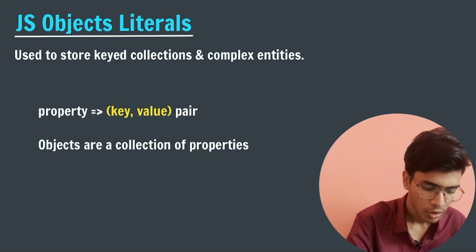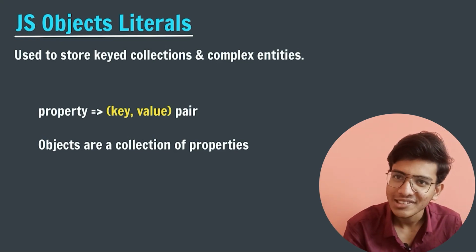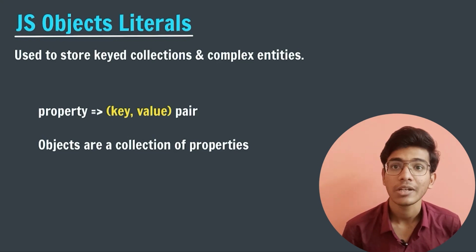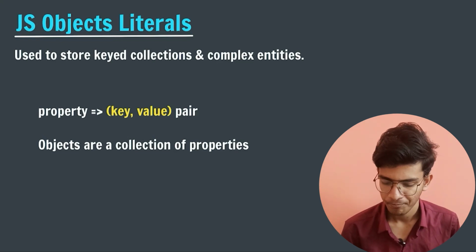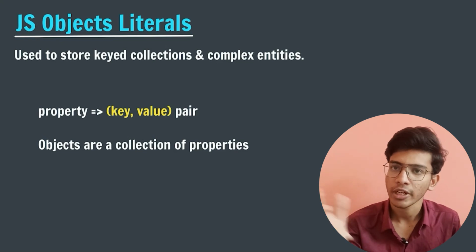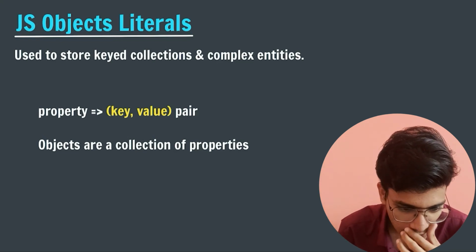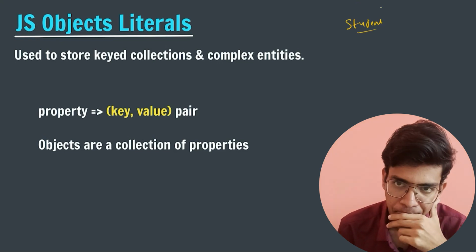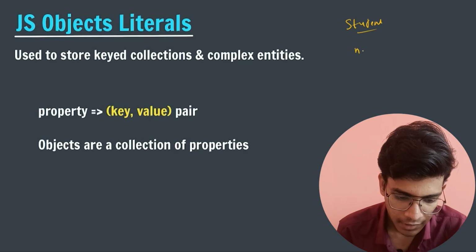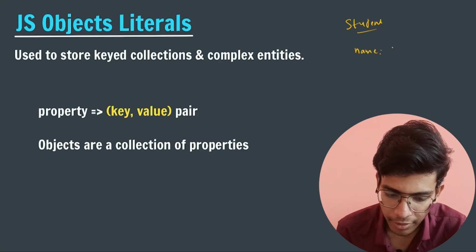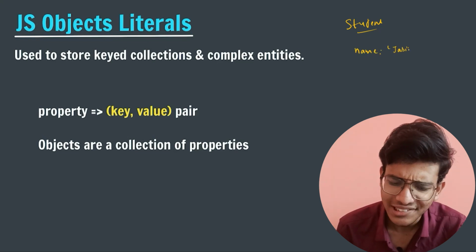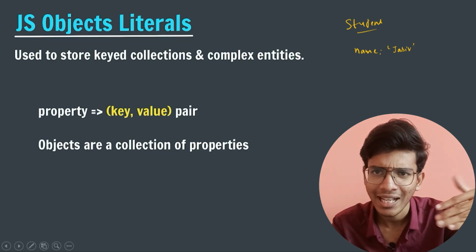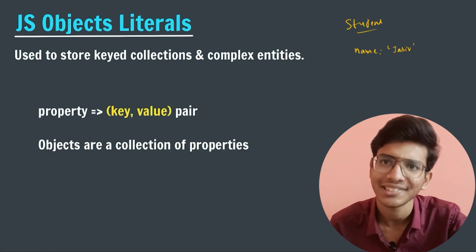Now to understand the meaning of object literal, how we use it and why we use it, let us take an example. Let us consider a student, and a student will have a name. Let's say his name is Jabir, and can I call the name and its corresponding value a single property?